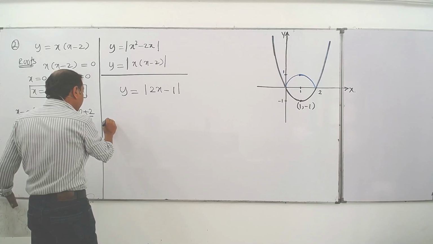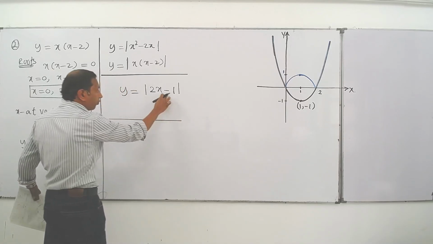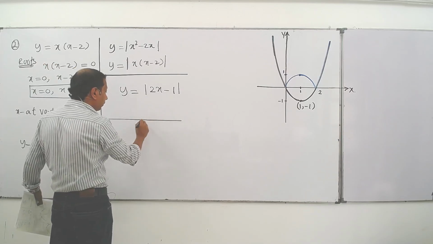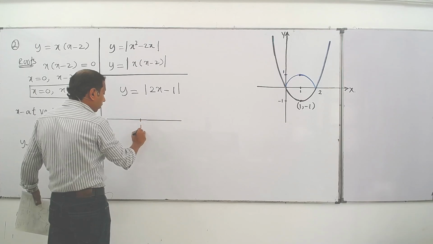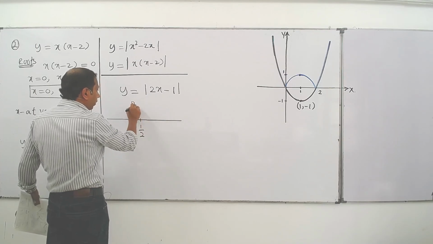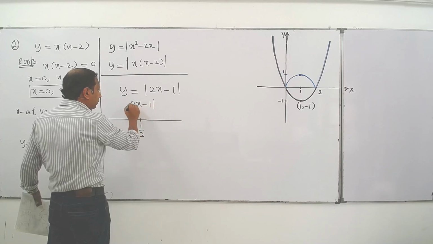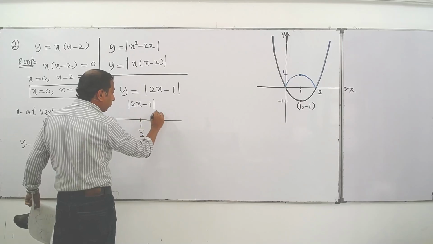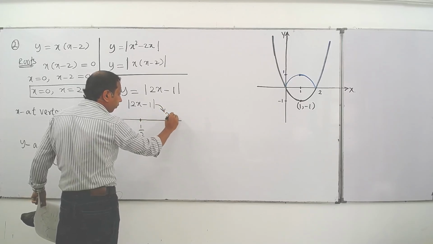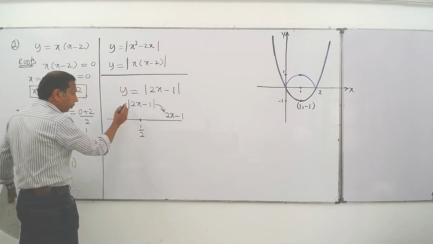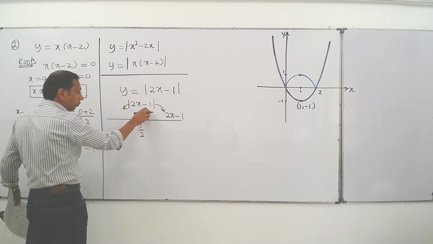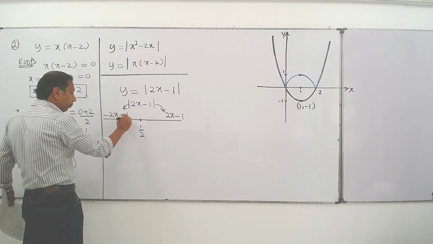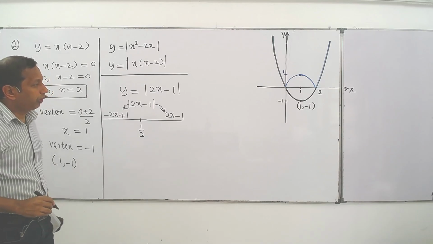We'll first define the modulus of 2x minus 1. This modulus value changes at x equals half. On the right of half, it is the same 2x minus 1, we know that. On the left of half, the modulus of 2x minus 1 will be equal to minus of this, multiplying this by a minus sign: minus 2x plus 1. Okay.